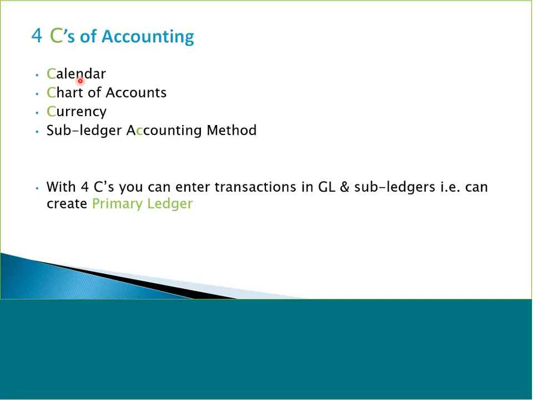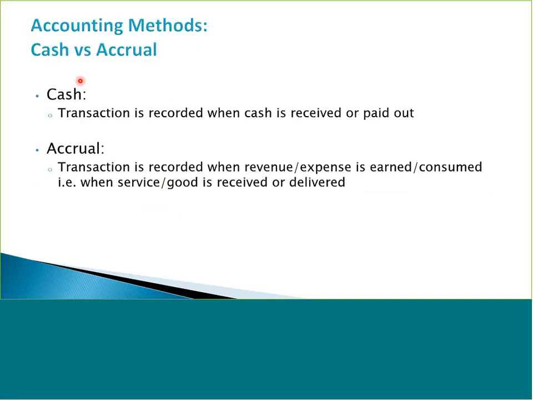So what is sub-ledger accounting method? We have two types of accounting methods: the cash and the accrual. How are these two accounting methods different from each other? Under the cash accounting method, transactions or business events are recorded or are captured in journals when cash is received or paid out.